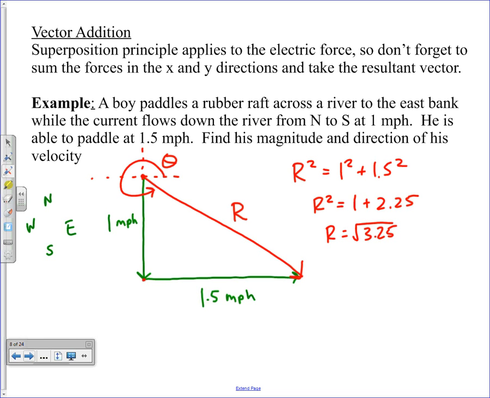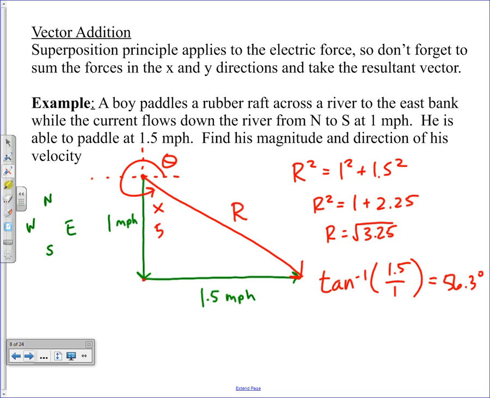r will equal the square root of 3.25. And then to find my angle, I'll find this angle x. I'll use the inverse tangent of 1.5 over 1, and then I'll add that value to 270 to get my final answer. I need a calculator in order to do this. I want to make sure that my calculator is in degrees, so I check the mode. So inverse tangent of 1.5 over 1 is 56.3 degrees.